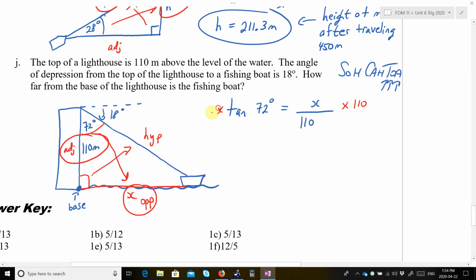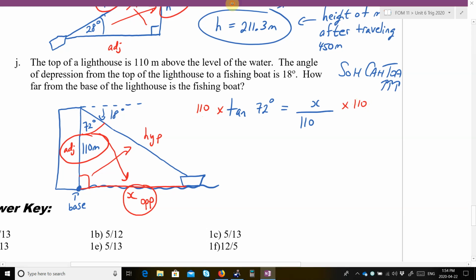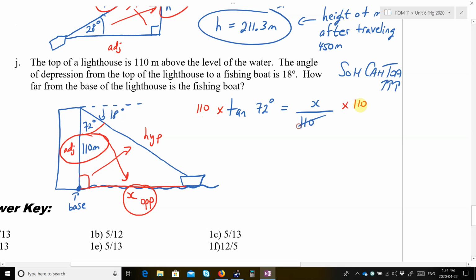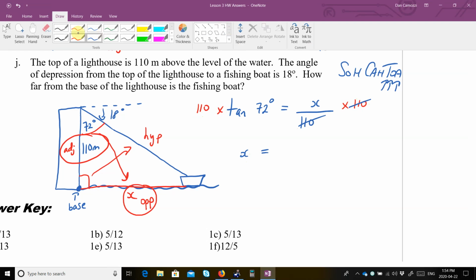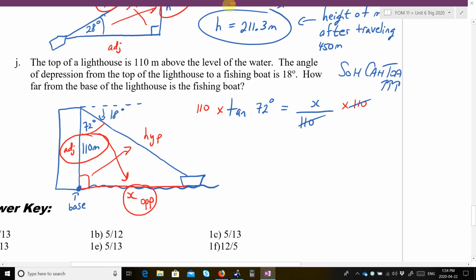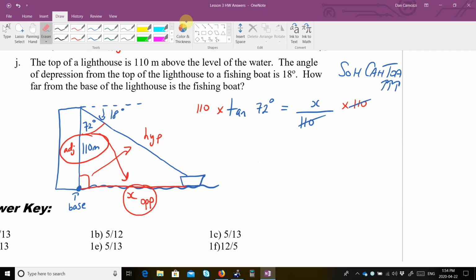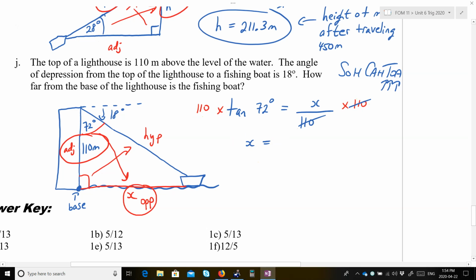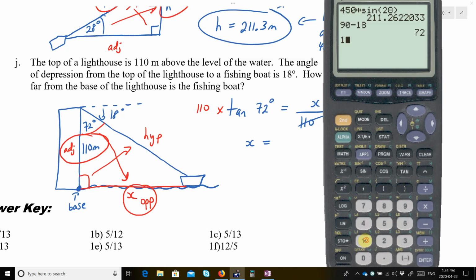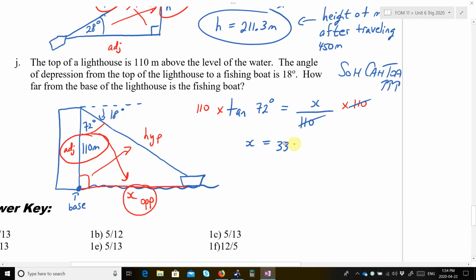Multiply both sides by 110. And we get x is equal to 110 times tan 72, 338.5, and that's going to be meters.